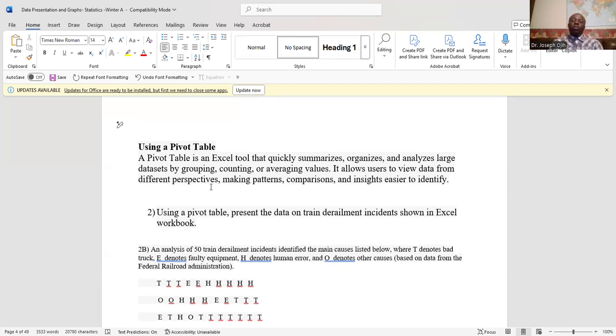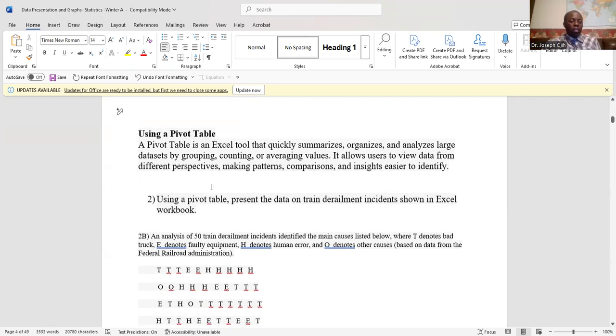In that case, we use what we call a pivot table to present it using Excel. A pivot table is an Excel tool that quickly summarizes, organizes, and analyzes large data sets by grouping, counting, or averaging their values.